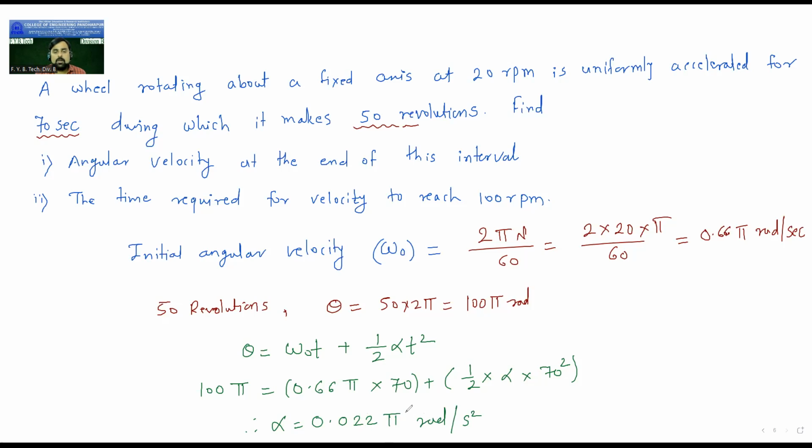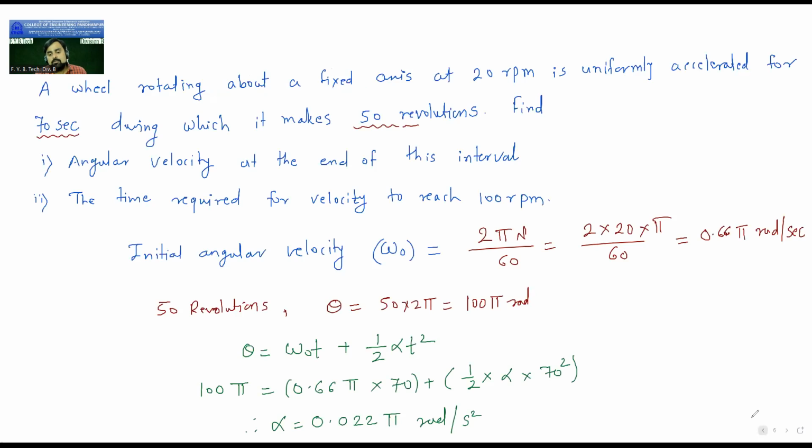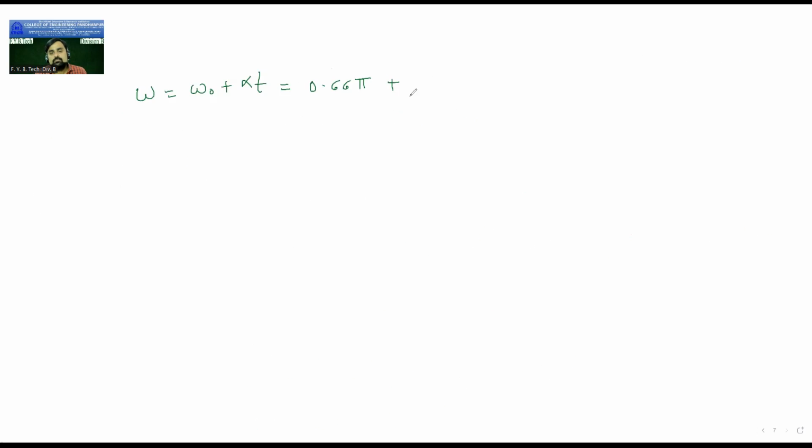Now after the calculation of alpha, they have asked us the angular velocity at the end of this interval. So now we need to find the angular velocity. What is the formula? Omega is equal to omega 0 plus alpha t. What is omega 0? 0.66 pi, plus alpha, which is 0.022 pi, into t, the time.